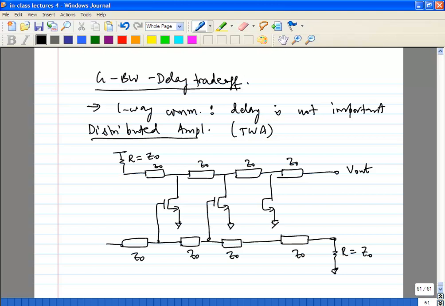So you're going to take a second tap delay line and put it at the gate of the transistors.